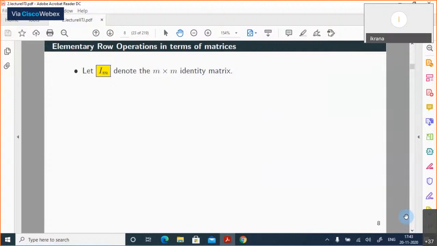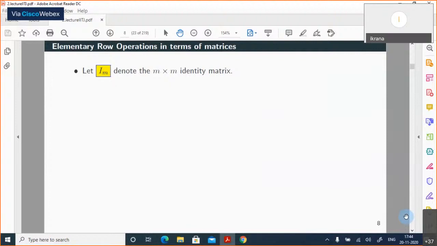What we want to do is operate on the matrix, the row operations, via matrix multiplication. So we want to generate a kind of algorithm. If I take a matrix and multiply it with some matrix, then it will do whichever row operation I want to do.